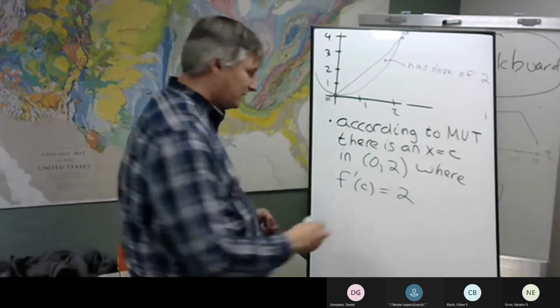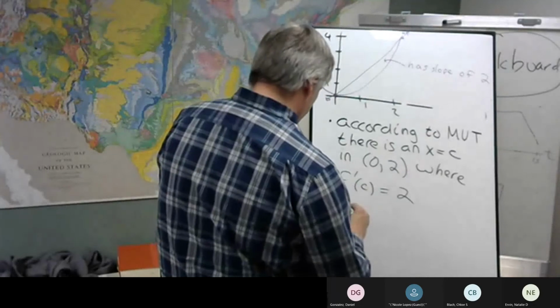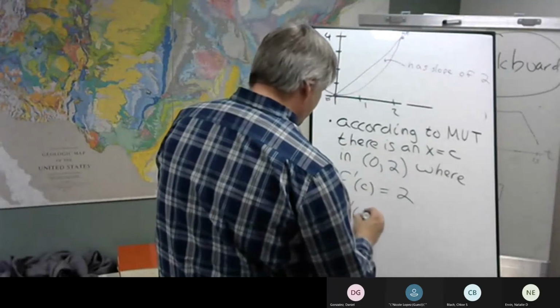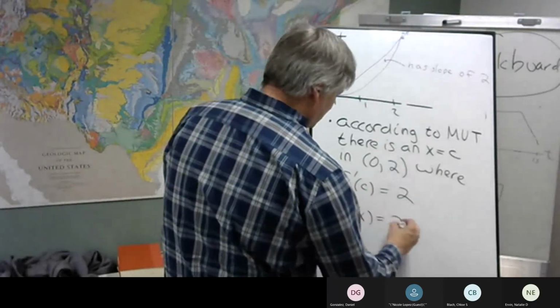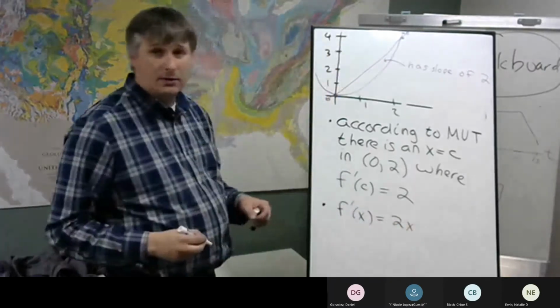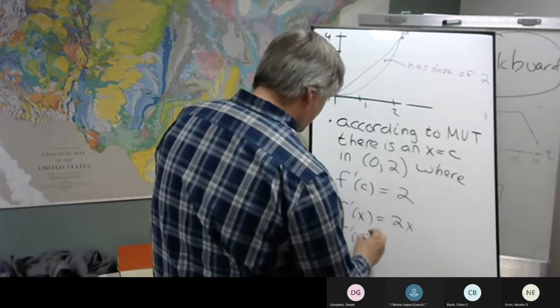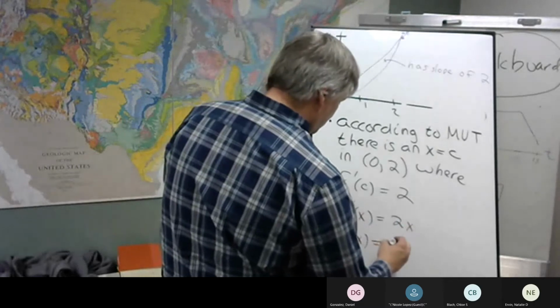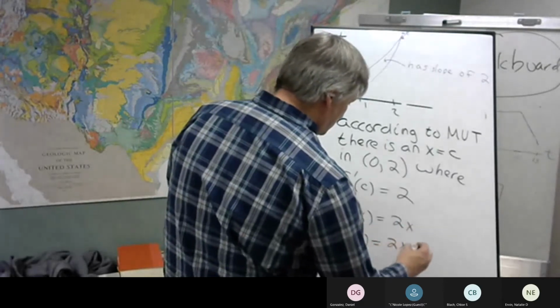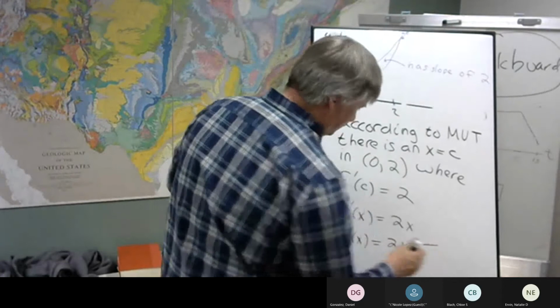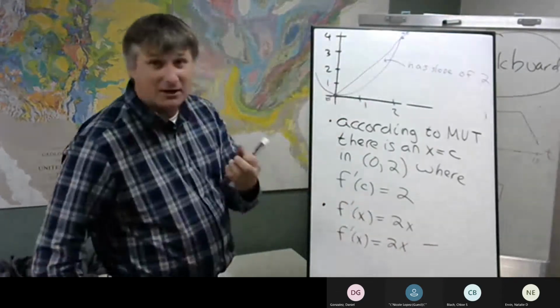So to do that, f prime of x is equal to 2x. Let me write it out since it looks like I'm doing a computation.